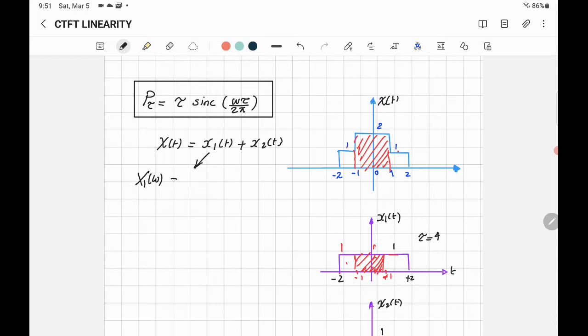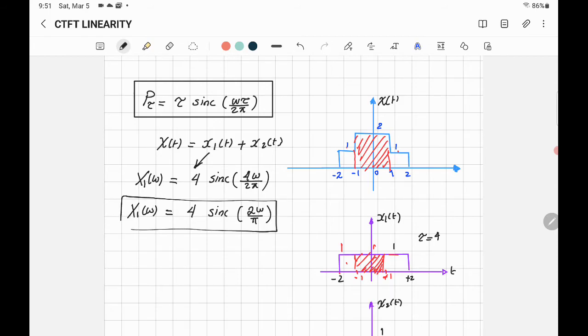So you substitute tau equal to 4. So you have 4 sinc of 4 omega divided by 2 pi. And after simplifying, we'll have 4 sinc of 2 omega over pi. So that's x1 of omega.